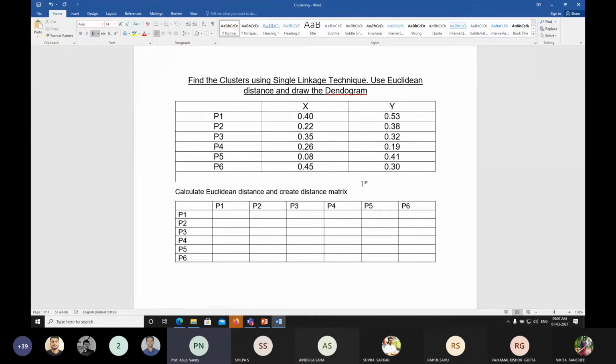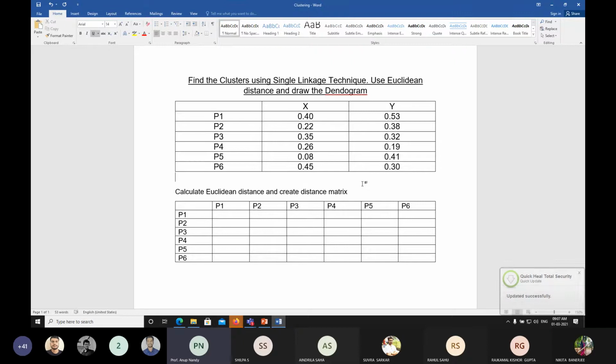So now here you have to find the data. These are the data points which are given to you. These are 2D points, x and y, and you have p1, p2, p3, p4, so 6 points are there. Your initial job is to plot them in two-dimensional space.